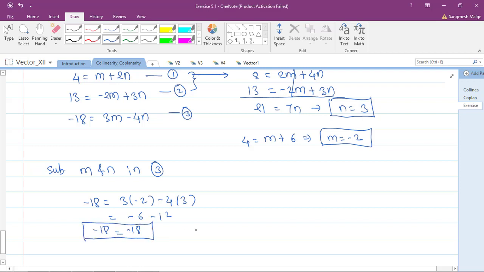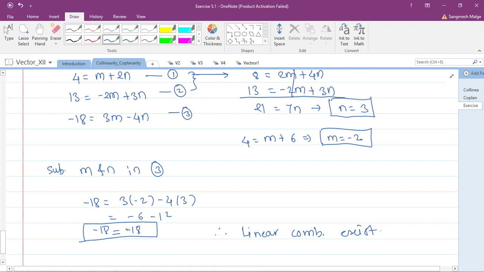As LHS equals RHS, therefore the linear combination exists. If after substituting the values of m and n the two sides are not equal, then we say there is no linear combination of these two vectors. Is it okay? I hope it is clear now.